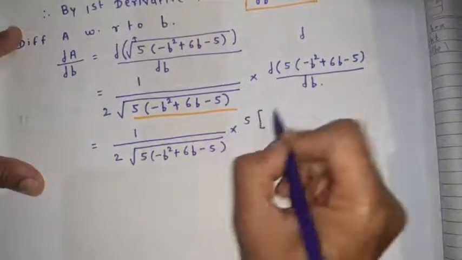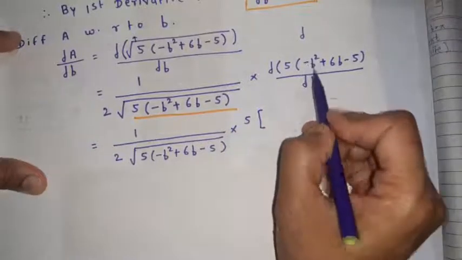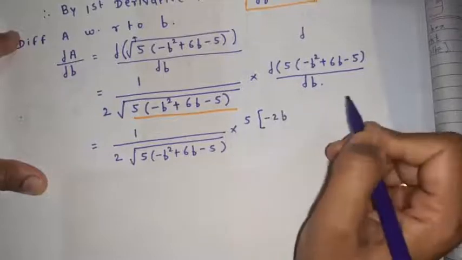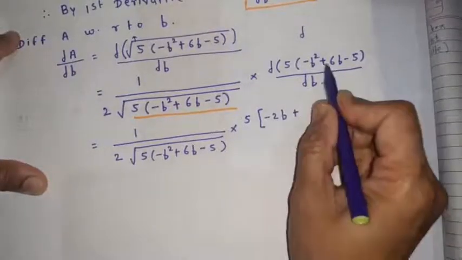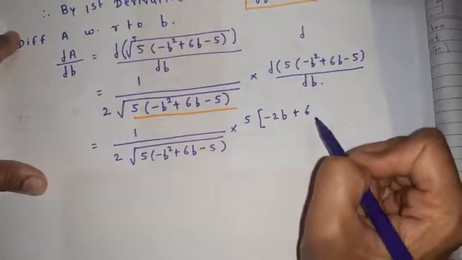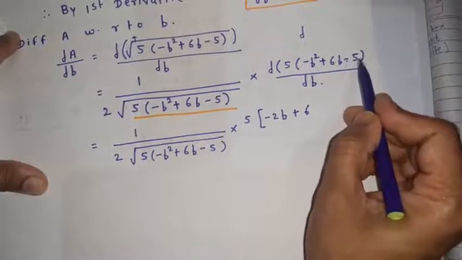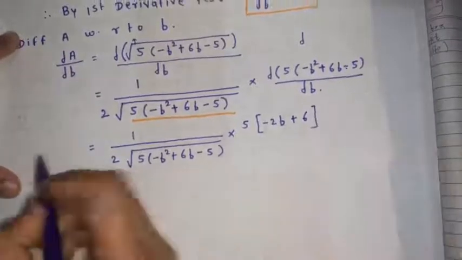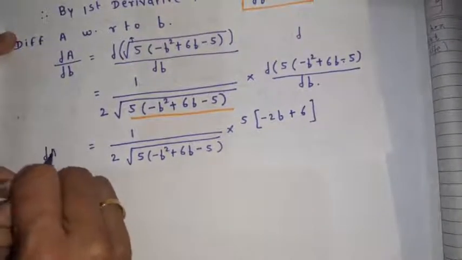Now the differentiation of minus b square with respect to b is minus 2b, plus 6 as a constant, and the differentiation of 6b with respect to b is 6, minus 5 as a constant, the differentiation of 5 is 0, and this is dA upon dB.